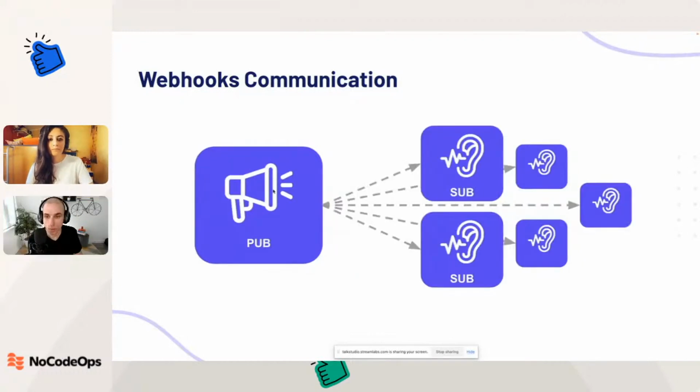And so the person publishing, just like in the newsletter example, the author, right? The author is just going to publish whenever there is a new issue of the newsletter, but there could be many subscribers. It's not just one email that is subscribed to that newsletter. There could be many email addresses or many people who have subscribed to that newsletter. So just like that, in case of apps as well, many apps can subscribe to a particular event in a given app.